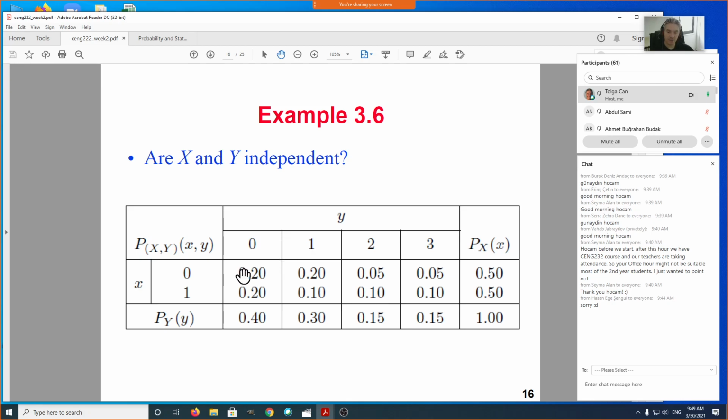Then we can sum all these up, by using the law of total probability, to find what the probability of x is equal to 0 is. The table is given to us as a 2 by 4 table. So this joint probability distribution table tells us we can compute everything from there.